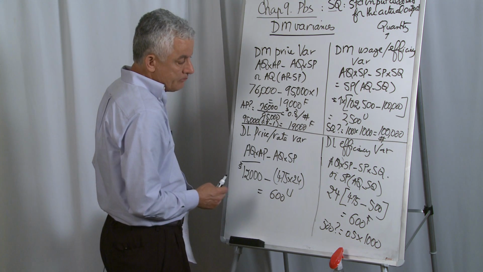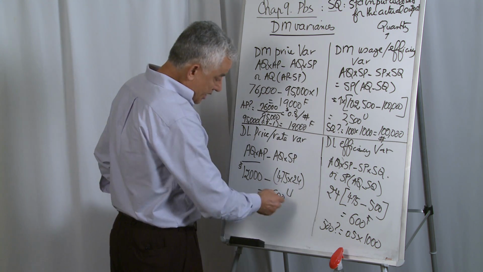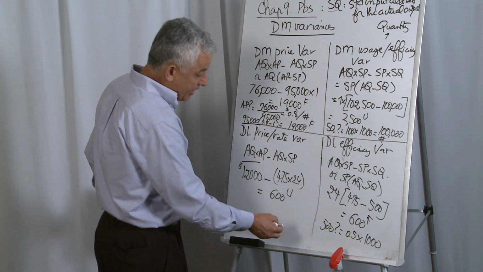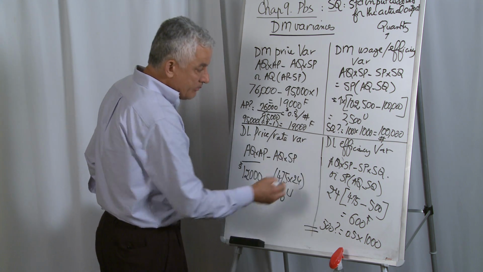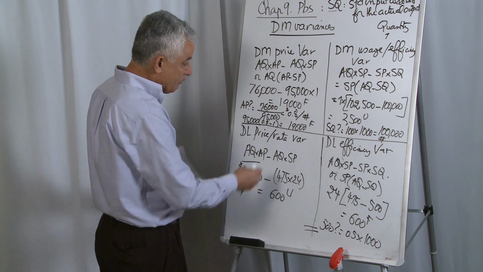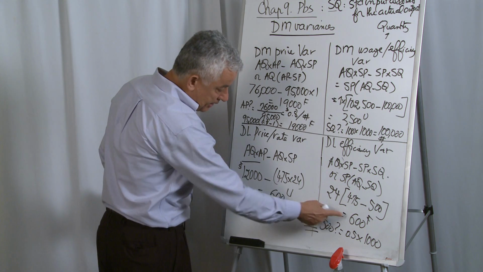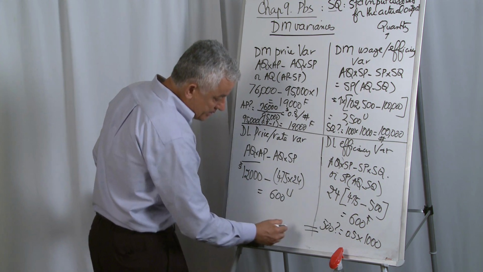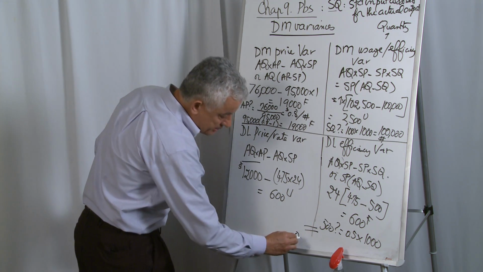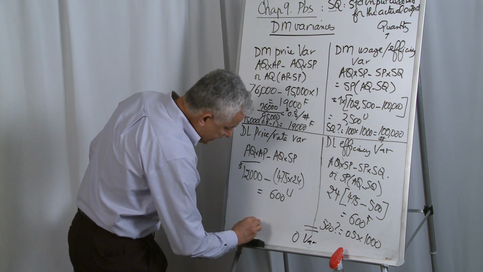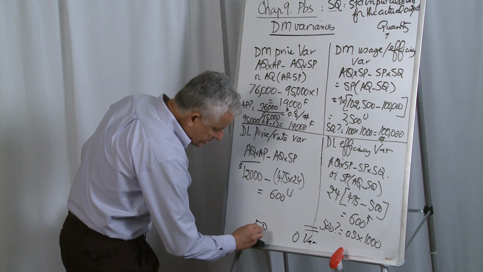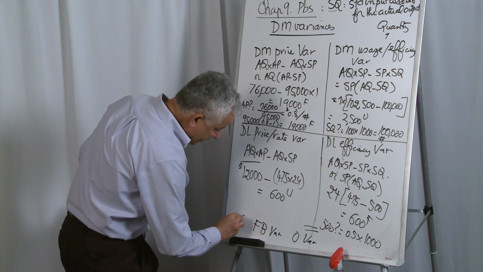Okay, then for example, if we are to calculate the total flexible budget variance for the direct labor, it is going to be 600 unfavorable plus 600 favorable. It is going to be 0 variance. That's the flexible budget variance for direct labor.